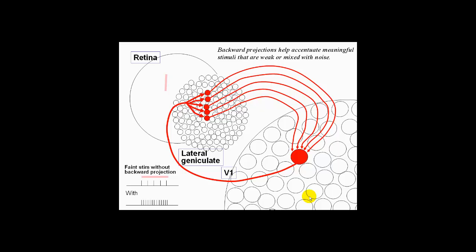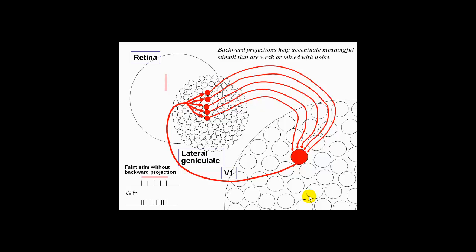It turns out the way it does it is not just helter-skelter. This cell projects information back to precisely those cells that gave information to it, and not others. The effect of that is to cause a positive feedback loop, so that if you give a lousy, faint, low contrast, noisy line segment, which I put here in pink instead of red to indicate that it's faint, that activates these cells, but doesn't activate them very well.